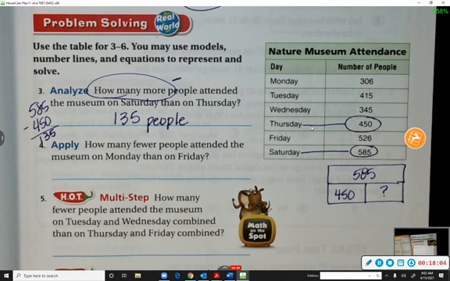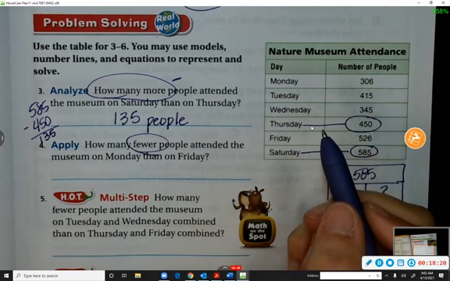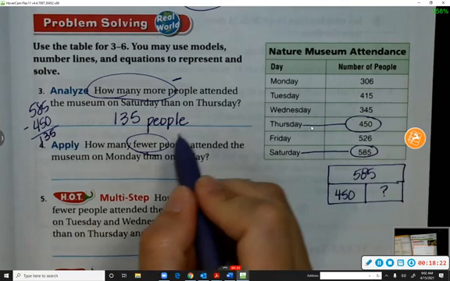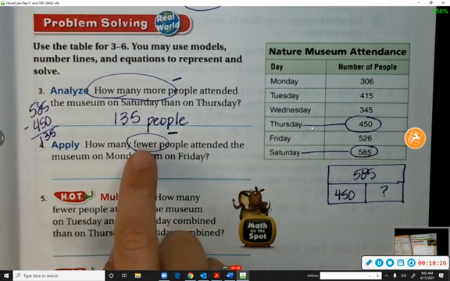Okay, number 4. How many fewer people attended the museum on Monday than on Friday? What's the key word in there, Javea? Fewer means what? Subtract. This is another reason why I wanted to do this lesson, because y'all need to get used to those key words.